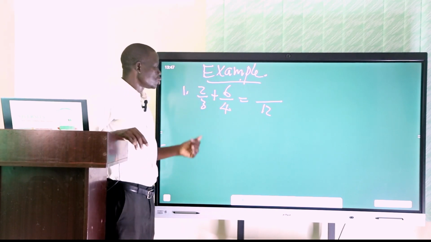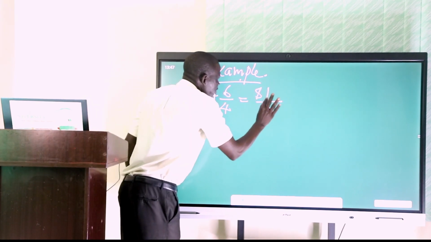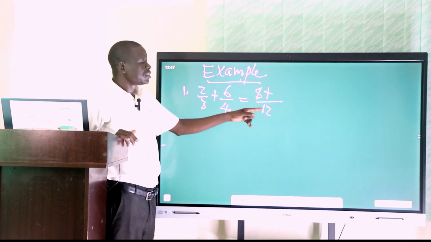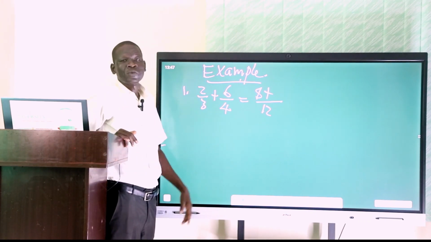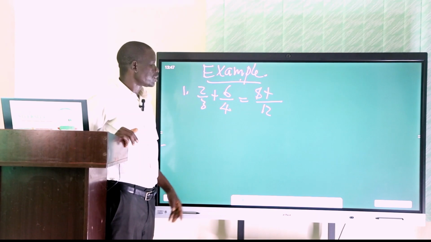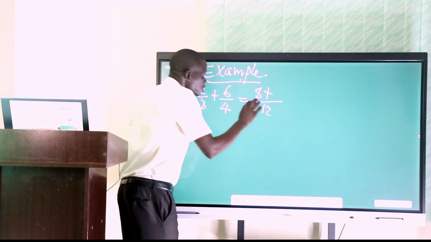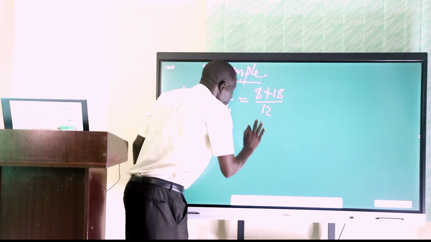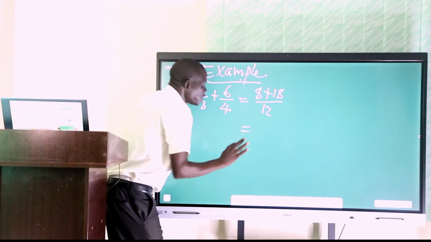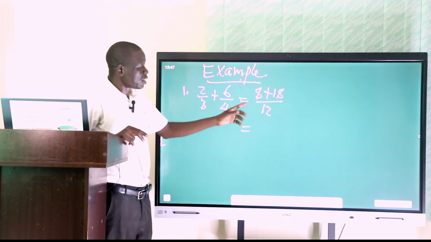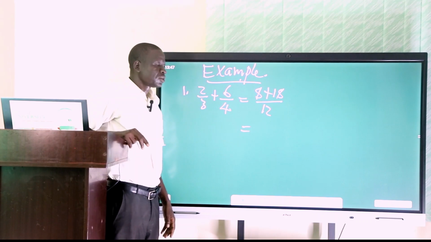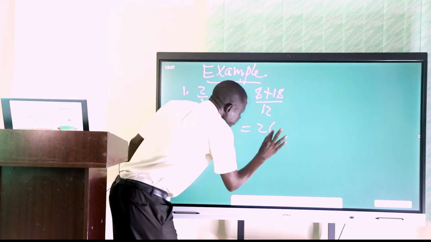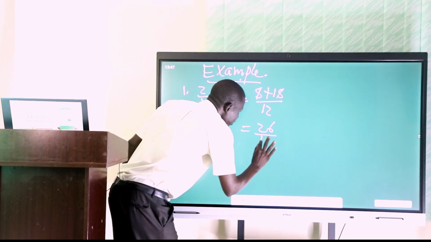And 4 times 2, we get 8. Then plus, we divide 12 by 4, we get 3. And 3 times 6, we get 18. So our answer becomes 8 plus 18, which is 26 over 12.